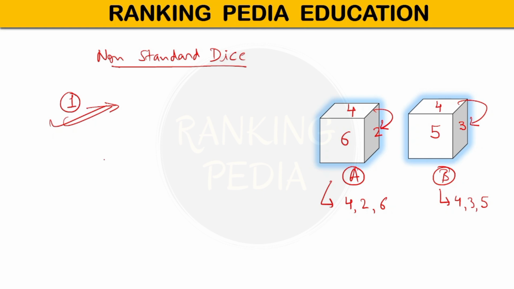Now I will talk about what the opposite of 3 is. On the right side of A we have 2, but on the right side of B we have 3.